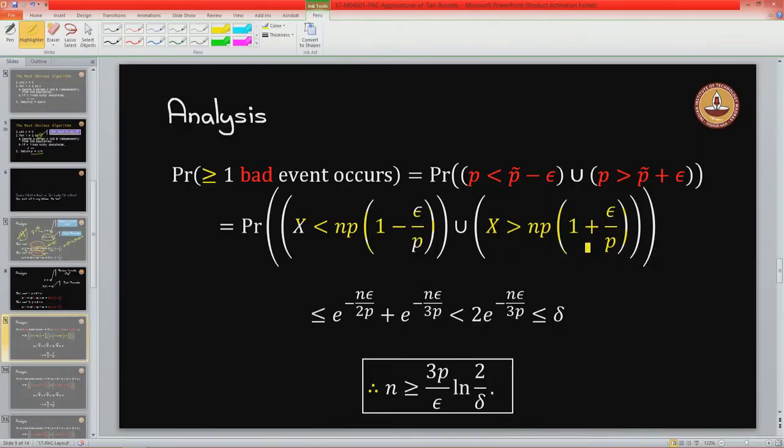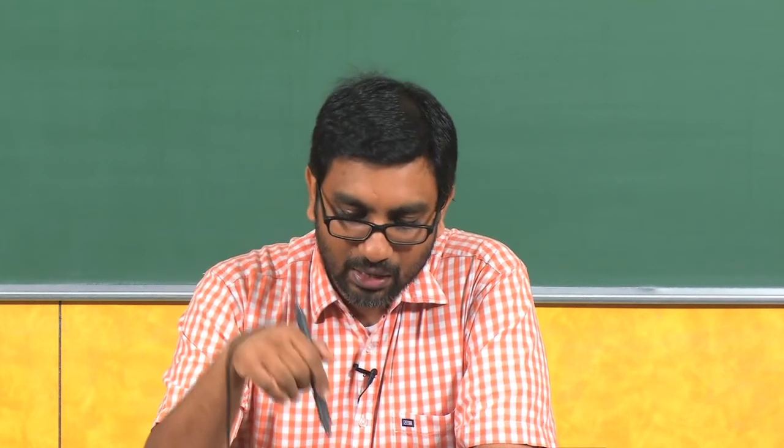Now this is the union of two bad events, and if you recall the union bound, the probability of the union of two bad events is at most the sum of the individual probabilities of those bad events. And so now you can simply apply the Chernoff bounds.